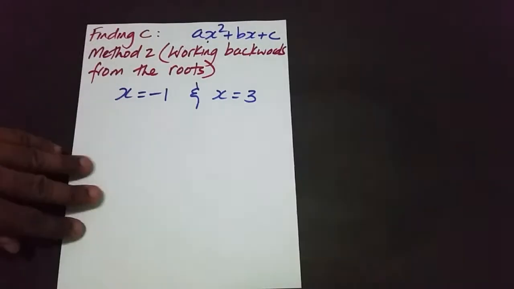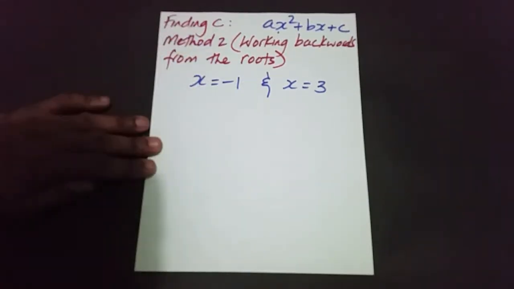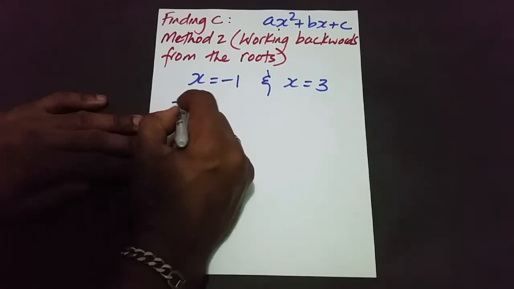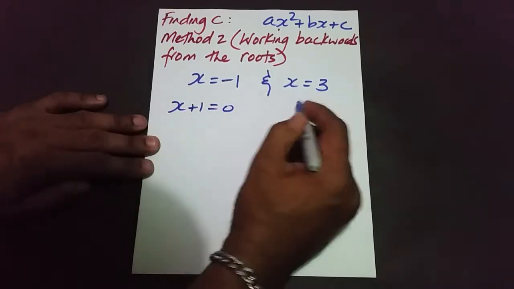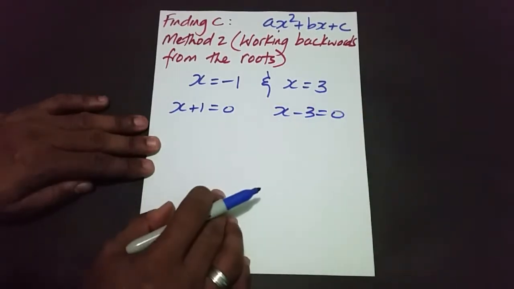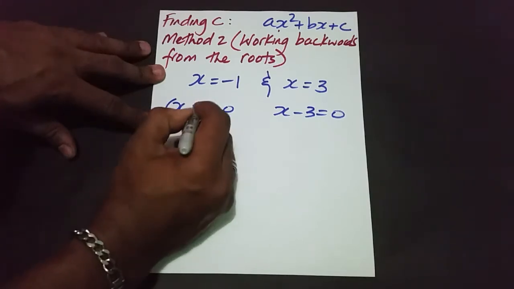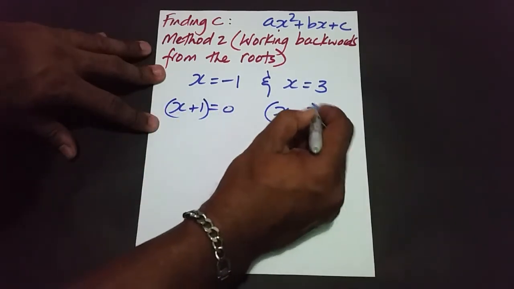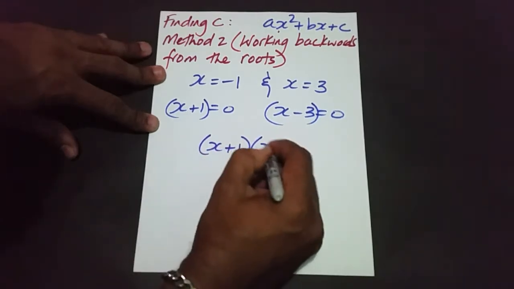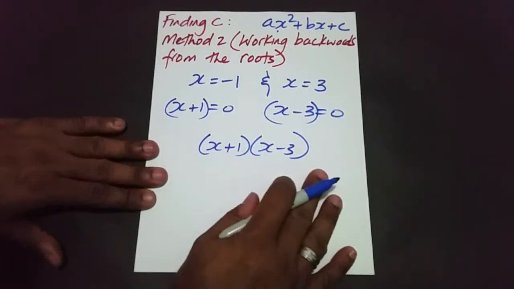Let's proceed with this. So what I'm going to do is I'm going to carry over the negative 1 on the left hand side, so it becomes positive, x plus 1 equals 0, and this as well, x minus 3 equals 0. So essentially, again, we're working backwards from the roots, and of course what I'll be doing now is finding the product of these two. And there is actually something that is going to come up that is extremely important.